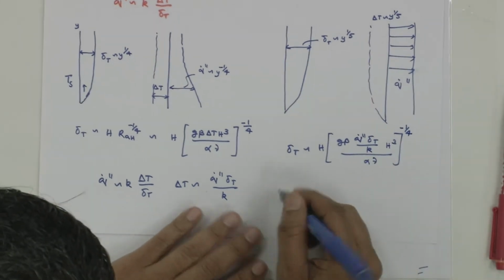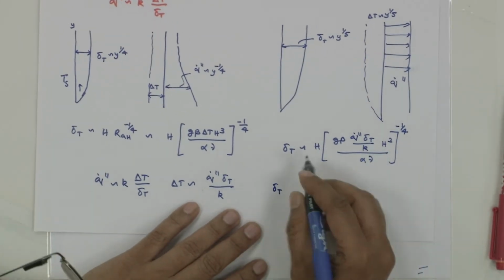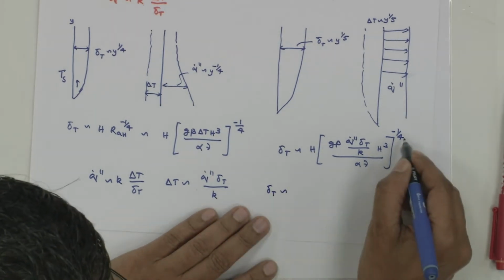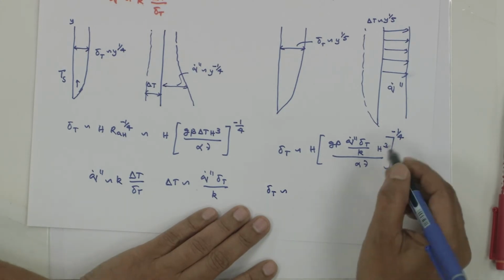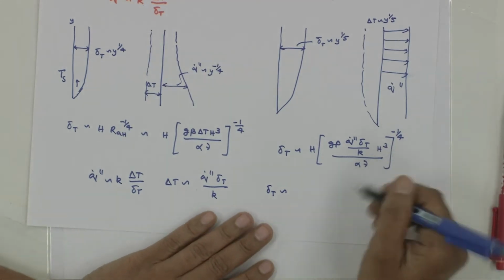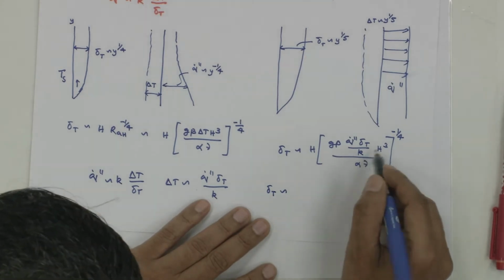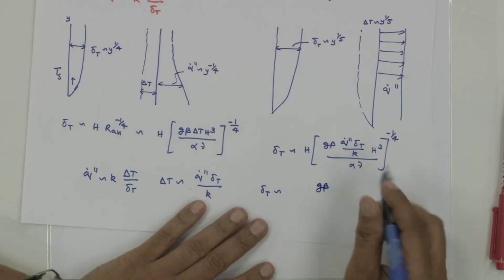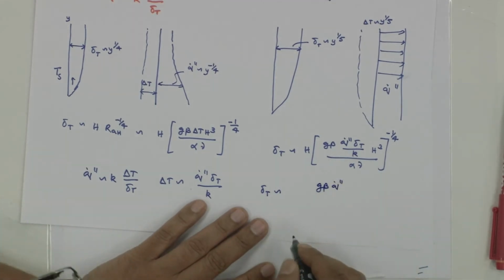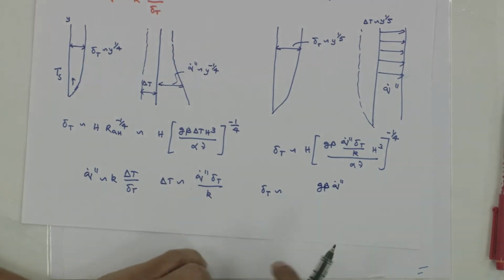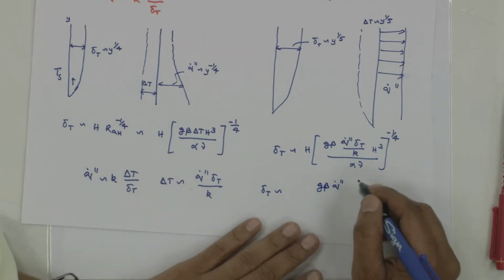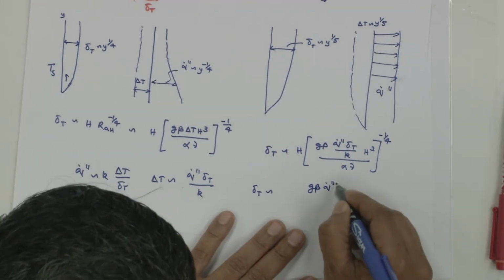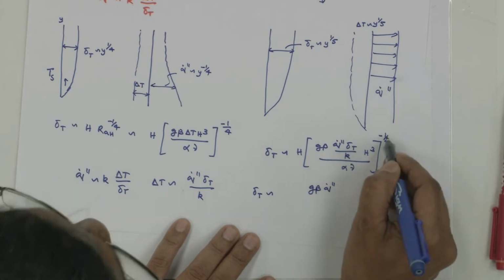Now if I pull out delta T, if I just do the rearrangement, what do I get is g beta Q double dash. What is delta T? Delta T is nothing but my H. So you have Q double dash, this is delta T to the power of minus 1 by 4.